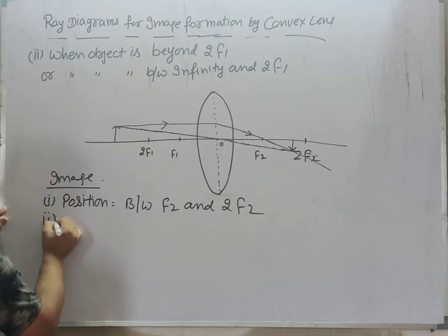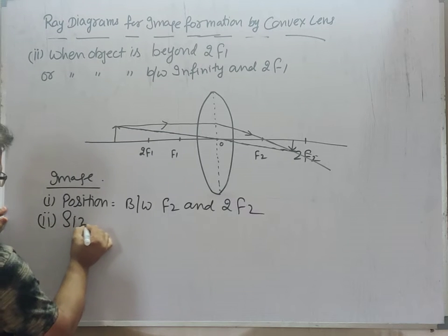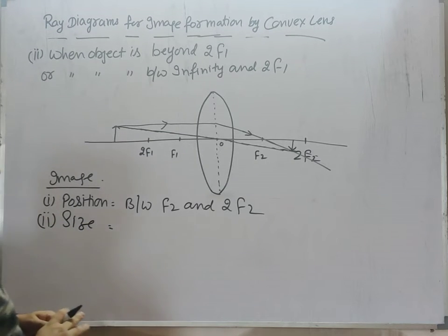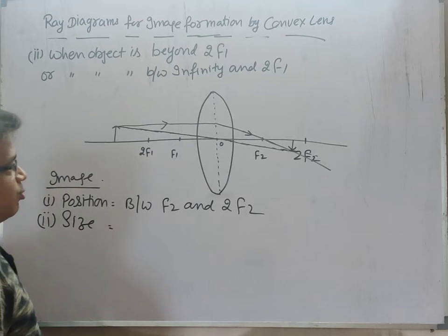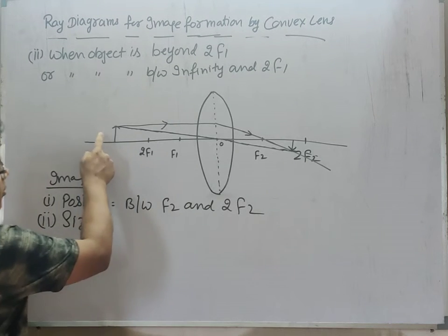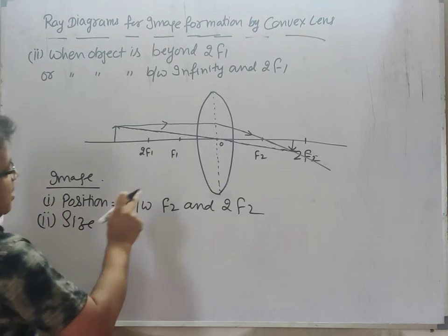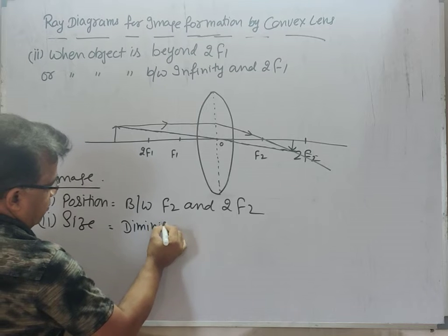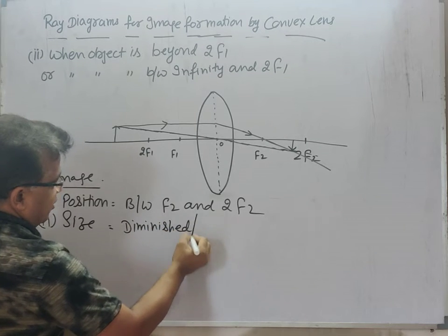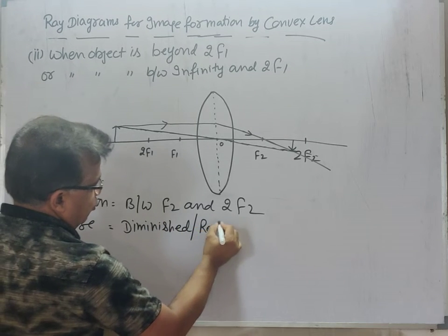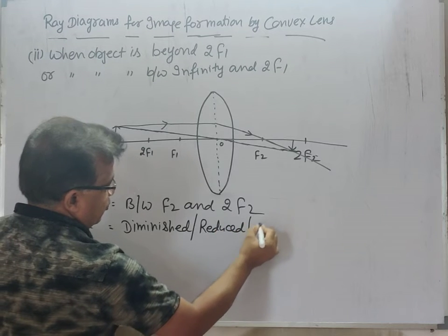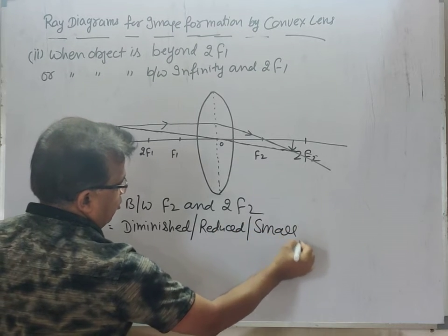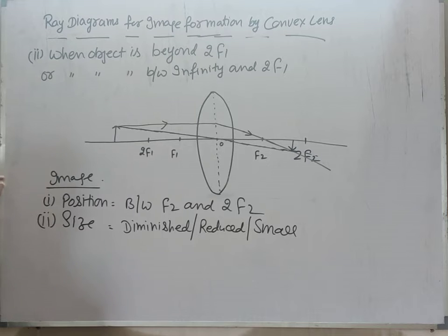Now what is the size? The size will be either very small or equal or large or very large. If we compare, the size is diminished. All these have the same meaning: diminished, reduced, small or smaller than the object. You will write only one word.